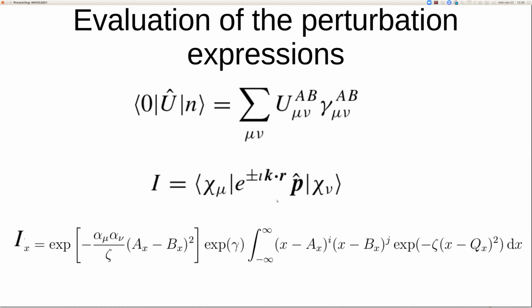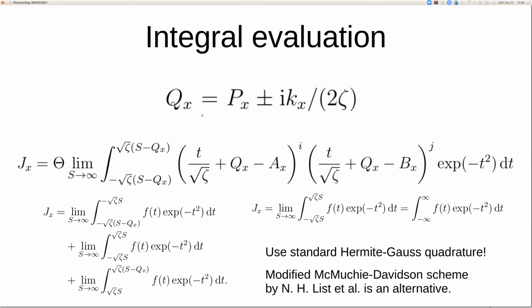Now this looks nasty because of the imaginary component here, but if we use the Gaussian product theorem and dwell a bit, this essentially looks like an ordinary Hermite-Gauss integral. However, the devil is hidden here in the Q, because the Q is actually a complex coordinate. It's the ordinary P coordinate plus this imaginary component. So that renders our integral to be an integral which runs in complex space. But it's essentially a path integral.